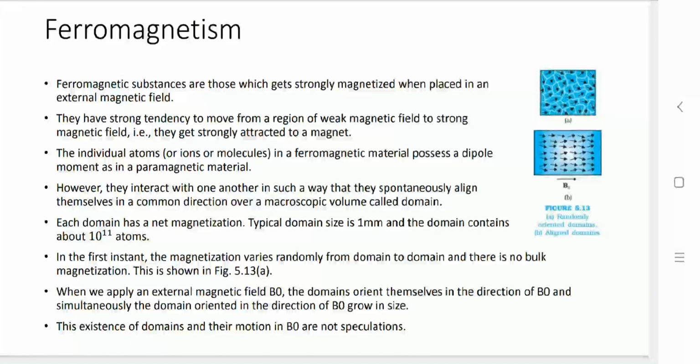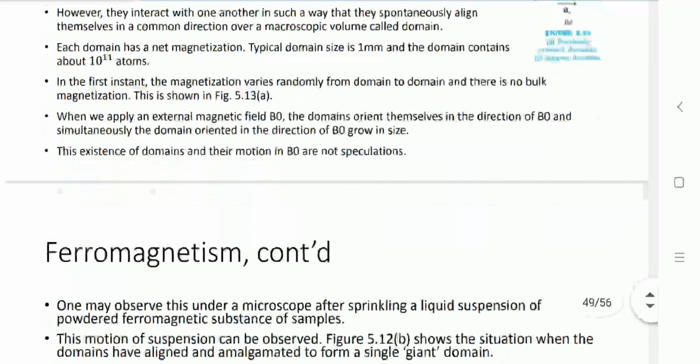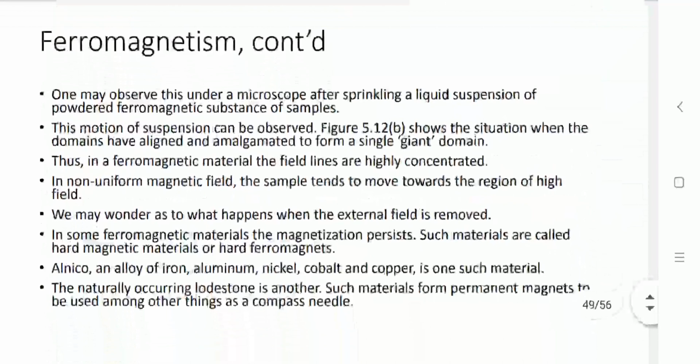While we observe the small domains, they are oriented towards the magnetic field, and later all domains are also present in the same direction of the magnetic field. In figure B, we can show the whole substance of the material, in which we can observe small domains.